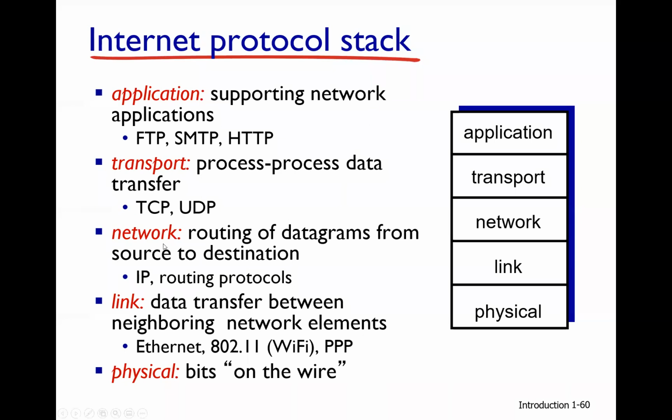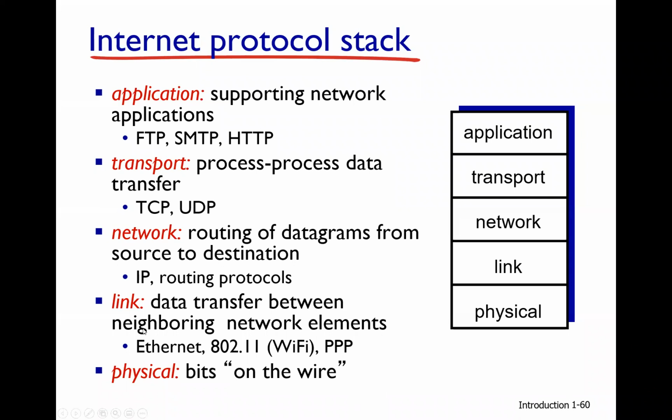So the job of the network layer is not to specify which process data belongs to which application. Rather, the network layer protocols are responsible for delivering the data from your computer to the server. It's only interested in routing this data from a source host to the destination host.